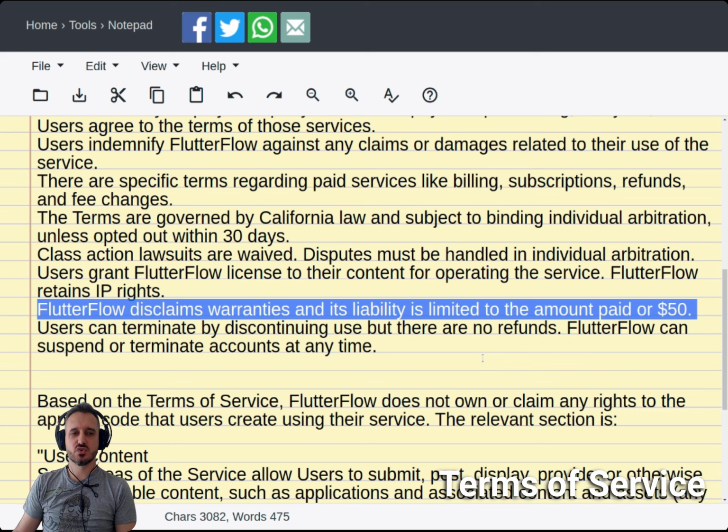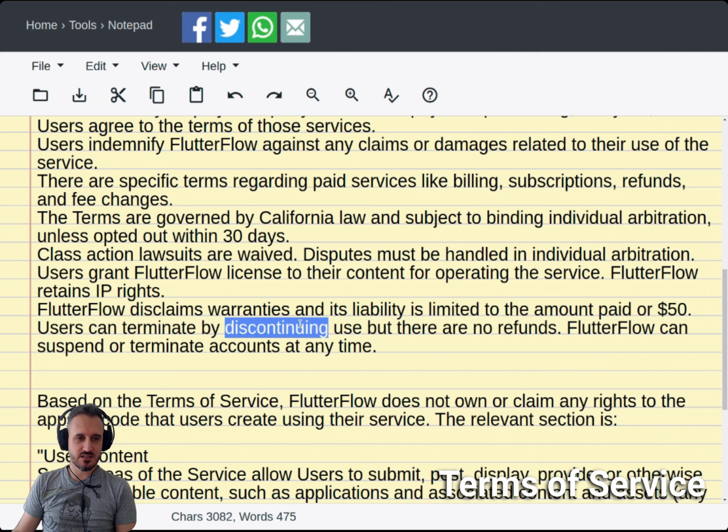I'm not sure what this exactly means, but I think the most money that Flow can give you back as a form of warranty is $50. But it says "or," so it's limited to the amount paid. So probably the amount that you paid or $50. Those are the two cases.